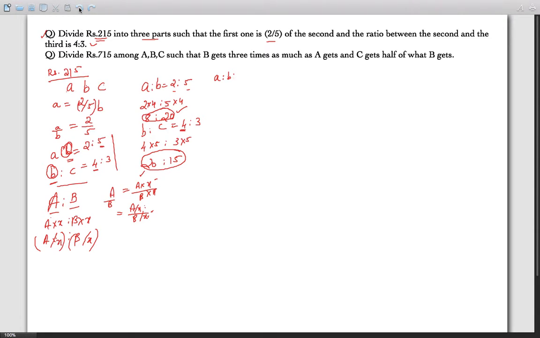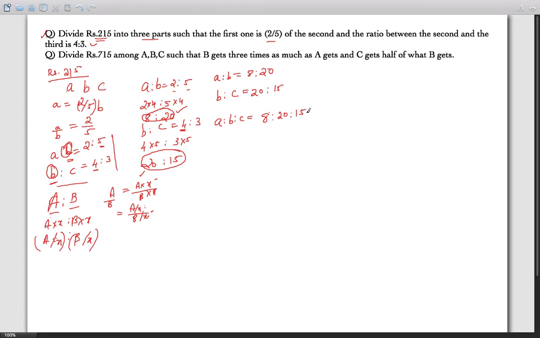If I have A is to B, I will write A is to B as 8 is to 20, and B is to C as 20 is to 15. Now because B value in both the cases is same, I will write A is to B is to C as 8 is to 20 is to 15. You understand?